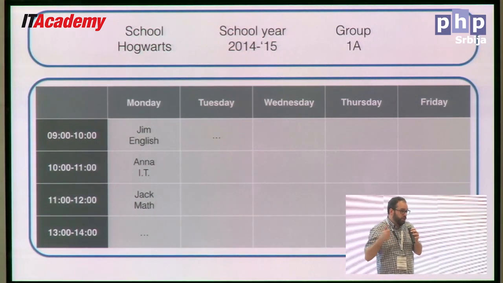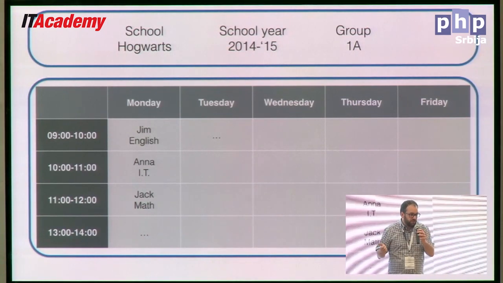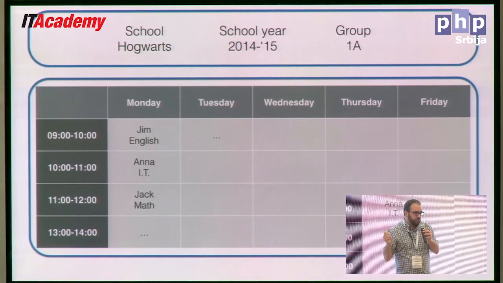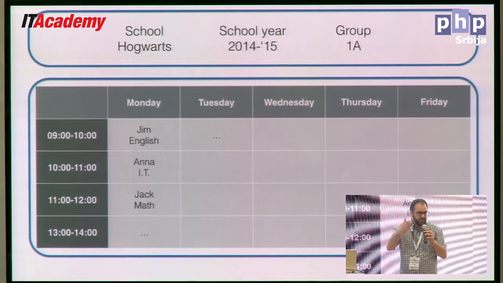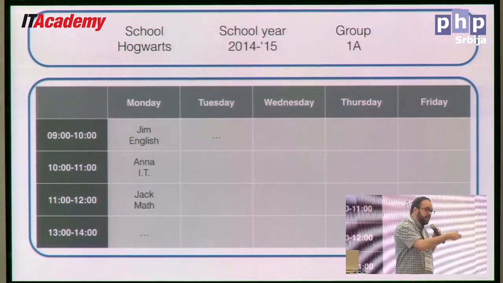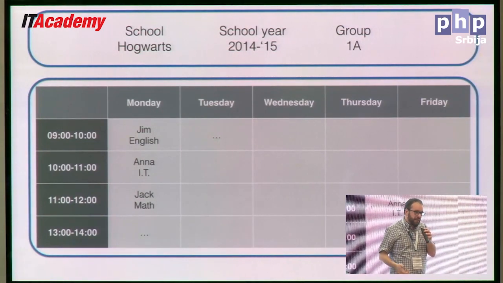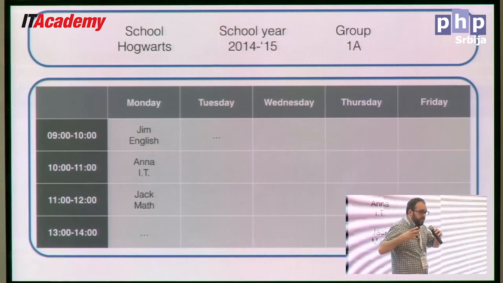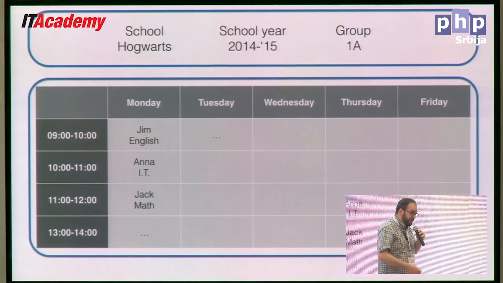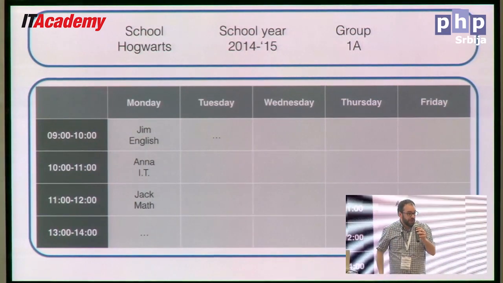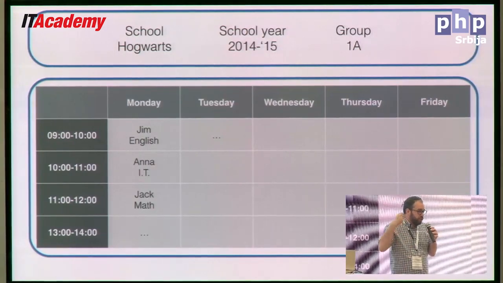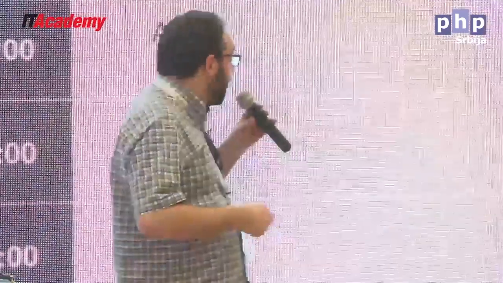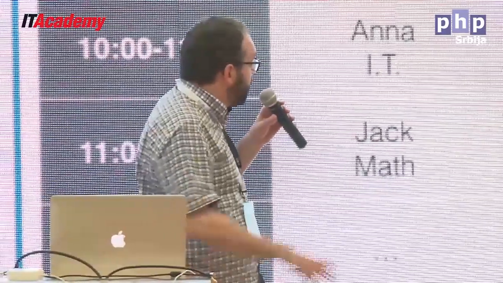Like there are no other Group 1As in 2014 in this school. So you know exactly which one you're talking about. It's a natural identity. This identity comes from things in the domain, right? This is just things that are there that we use to identify something. And this is how people in the domain would talk about it. For some reason, humans don't like to think in UUIDs. I don't know why. But so we have these two concepts.